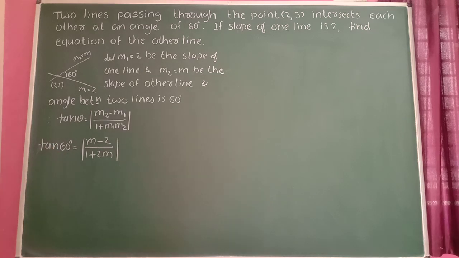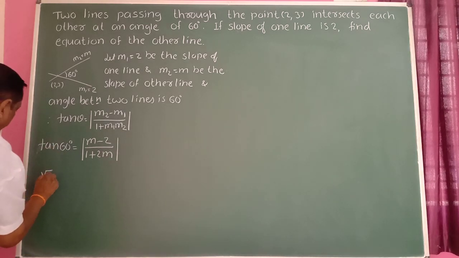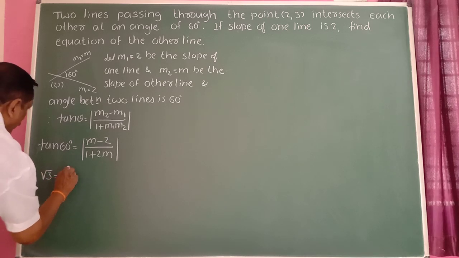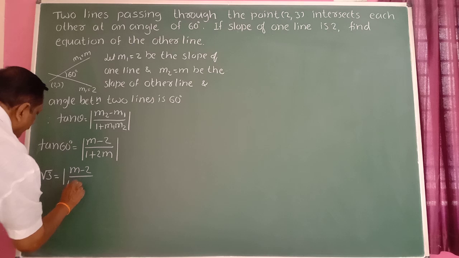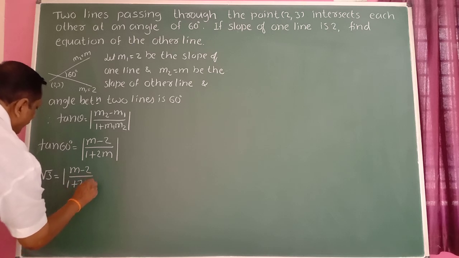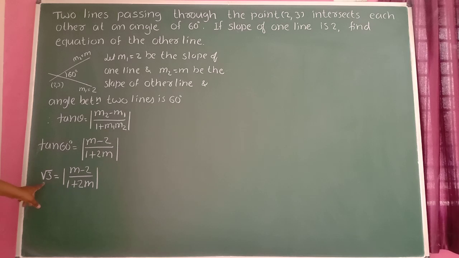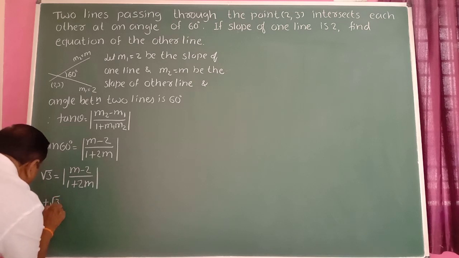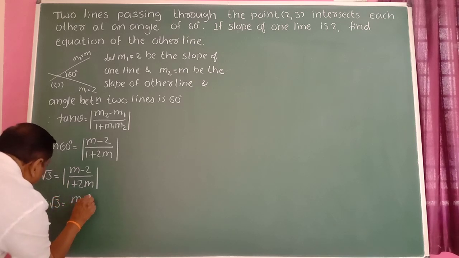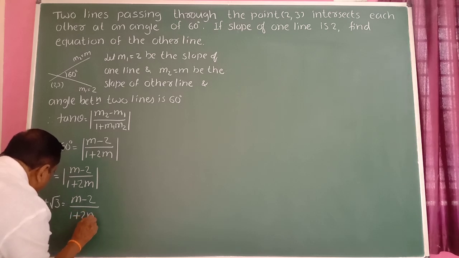And I know the tan 60 degree value is root 3. Hence root 3 is equal to modulus of m minus 2 divided by 1 plus 2 into m. If you remove the modulus sign, this becomes plus or minus. Therefore, plus or minus root 3 is equal to m minus 2 divided by 1 plus 2 into m.